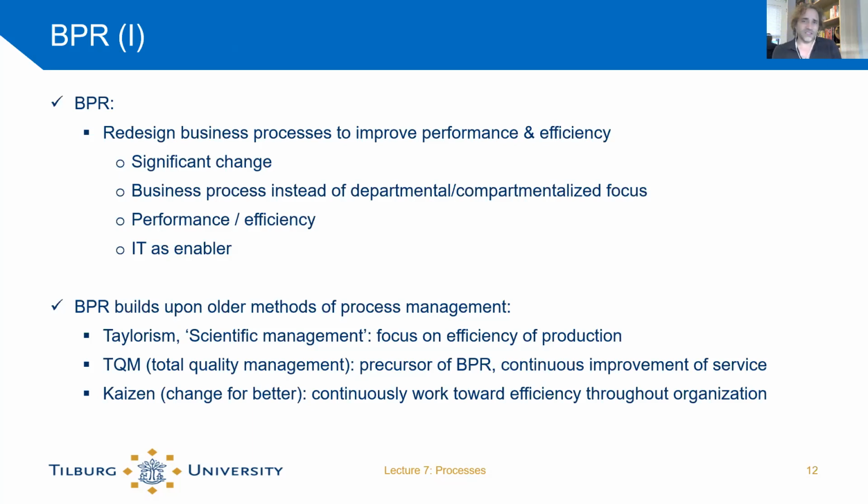Second of all, it's important to know a bit about business process reengineering, because it is a structured way to look at processes in organizations. So when you know a bit about it, you also learn how we can classify and structure processes in an organization.